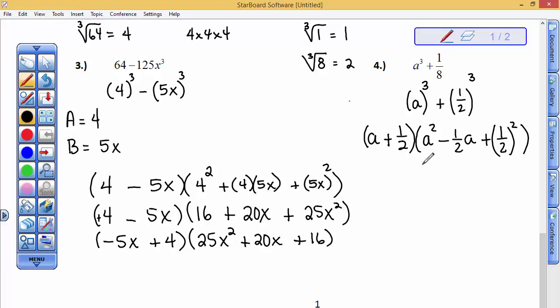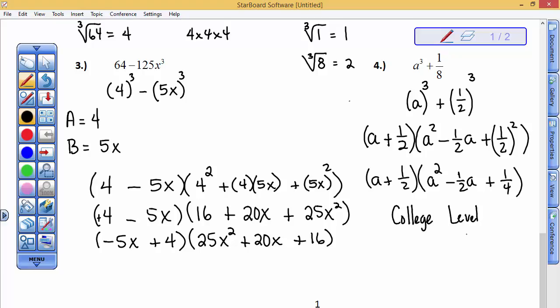And 1/2 times 1/2, I'm talking about this last term right here, is 1/4, and then I'll bring down this first binomial, and if you multiplied this all out, you would get a cubed plus 1/8. So I am trying to take you through some college level factoring problems.